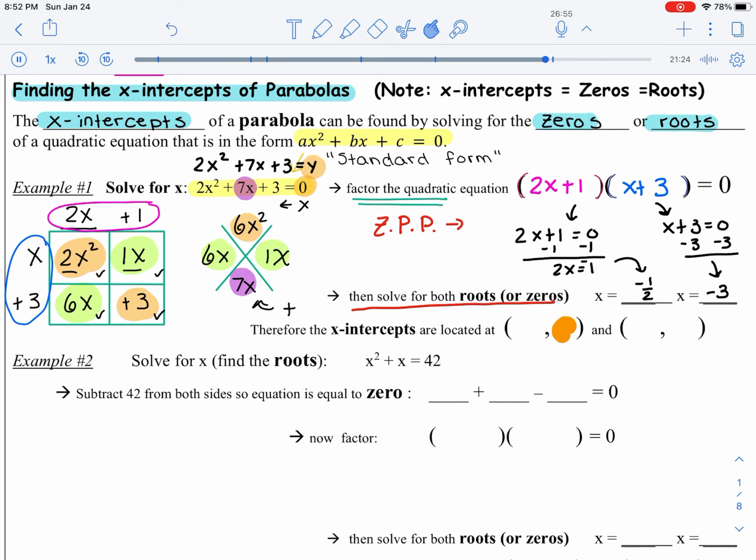That tells me that if this was a function and I was solving for the x-intercepts, the y values would need to be 0 for both of those points. And my x's would be negative 1/2 and negative 3. And there you have it. Example number 1 for finding x-intercepts of a parabola.